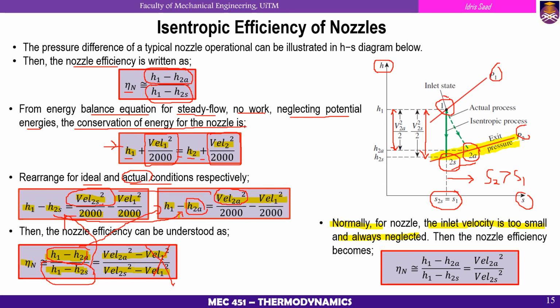In general, the nozzle efficiency becomes H1 minus H2A divided by H1 minus H2S, which is equal to the velocity at the exit in the actual condition divided by the velocity at the exit in the isentropic or ideal condition. So we can say that for the nozzle, the efficiency depends only on the velocity of the fluid.